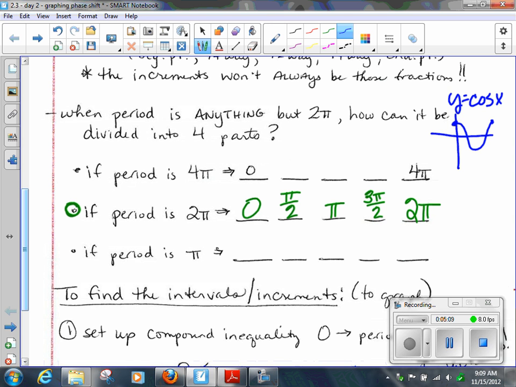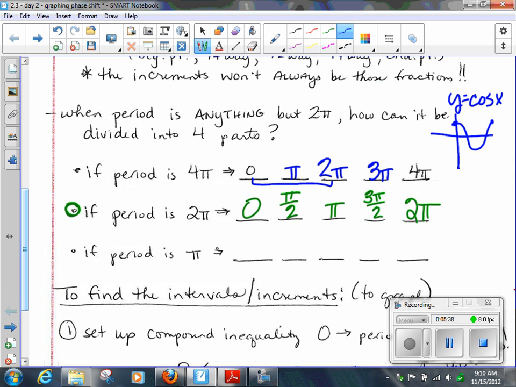Half of 4 pi, which is 2 pi. We find the middle point. And then of these 2 points, we find the middle point again, don't we? So what's half of 2 pi? Pi, 1 pi. So we've got 0 pi, which is 0, 1 pi, 2 pi, what goes next? 3 pi. That's easy when it's like that.